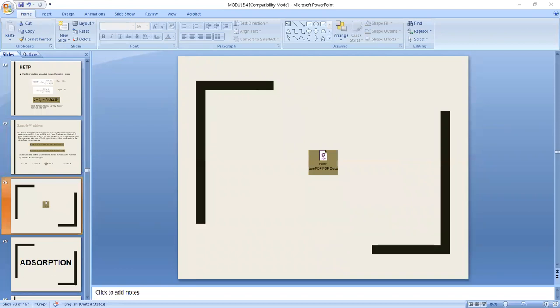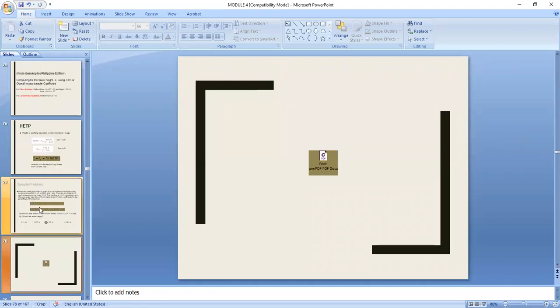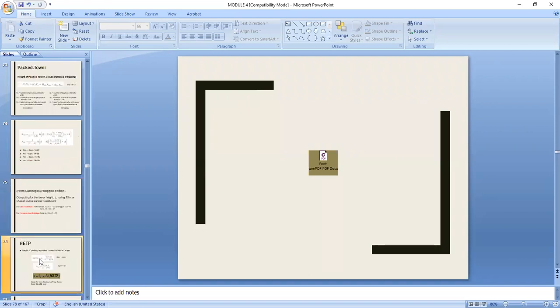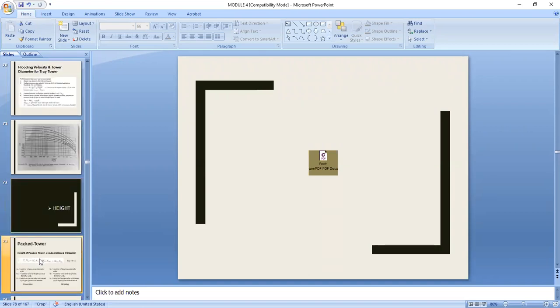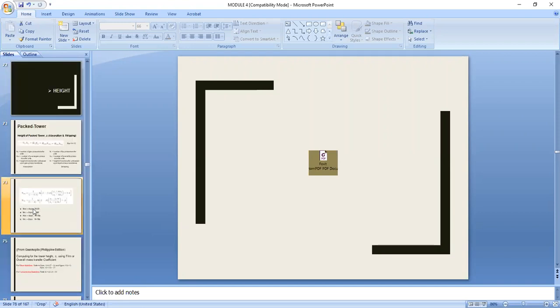But I will share as well separately the file to you just in case you won't be able to open it later when it is shared already in Canvas. Okay, that's in terms of the sample problem to use in determining the tower height, since you have already ample examples in John Kupris as to determining the diameter for your packed or tray tower.